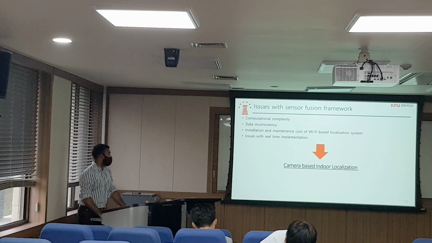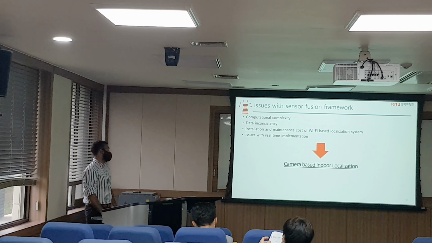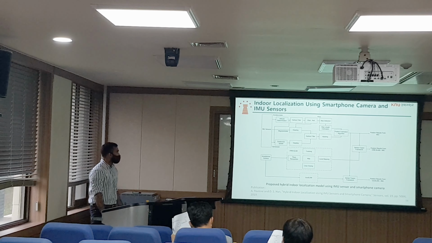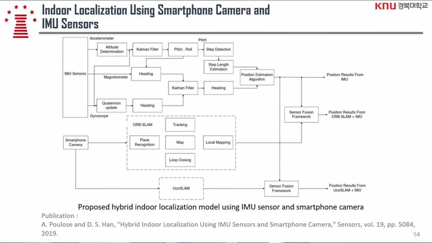So we checked the possibility of a camera sensor for localization, just a normal smartphone camera. Here is our proposed camera-based indoor localization system. The upper part is our previously proposed IMU sensor, and the lower part is our camera-based localization. Finally, we combined both position results together to get a very accurate result.